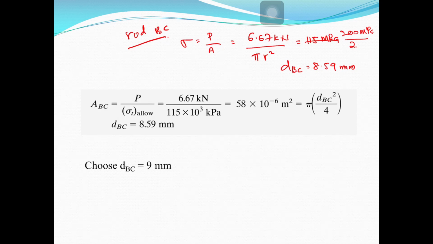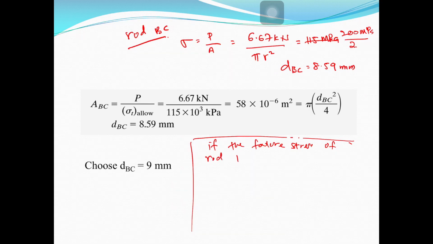For example, if the failure stress of rod BC is, let's say, 200 megapascal, find the diameter of rod BC. Using the same procedure, P over A, in fact you need to divide 200 by 2.